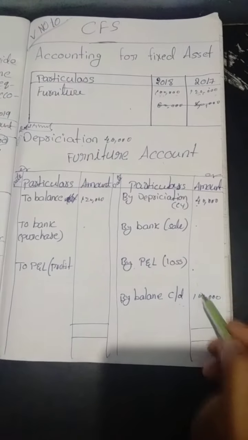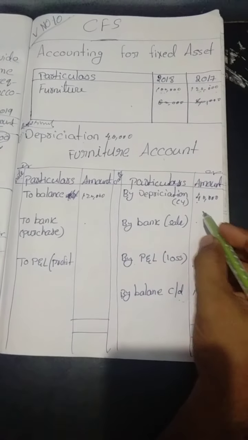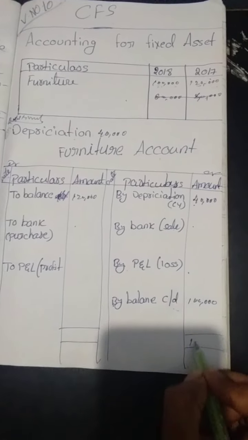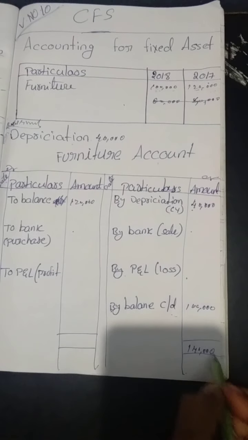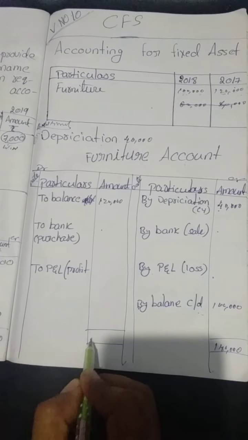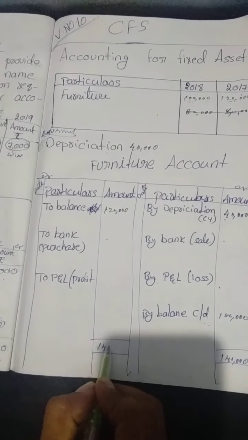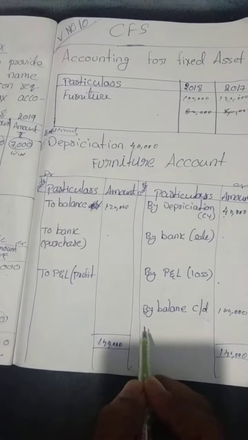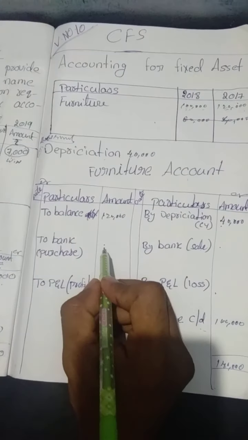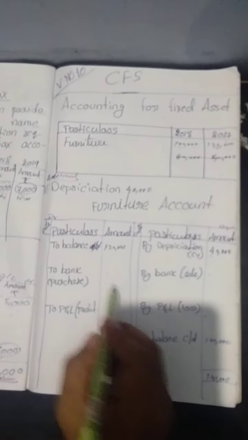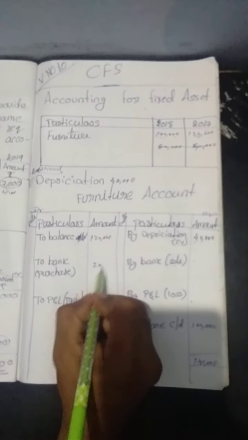So the total amount you can see is 1,40,000, and here 1,20,000 only. That is why the same figure 1,40,000 we will write here, and the difference is 20,000.